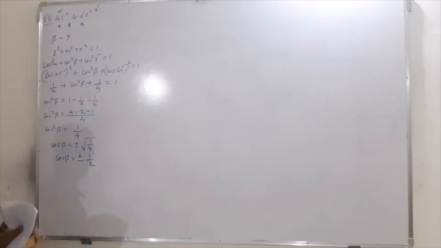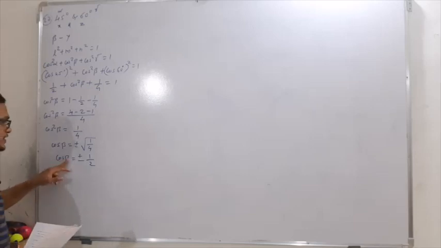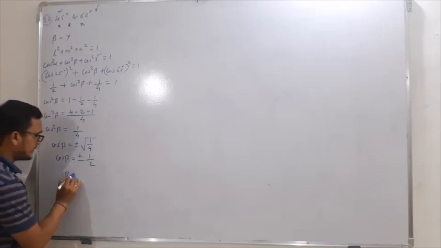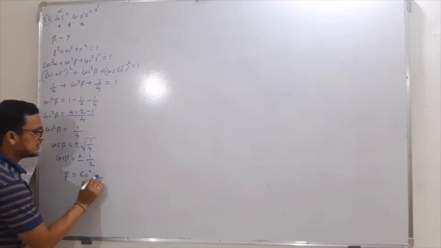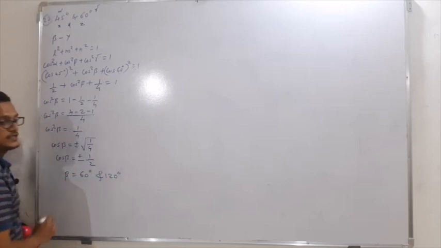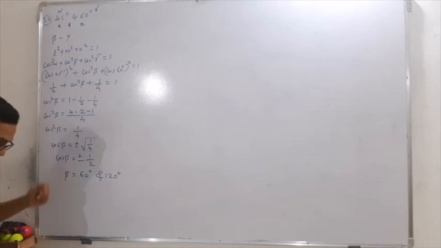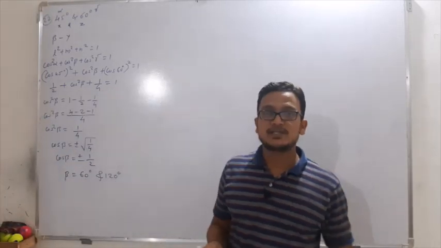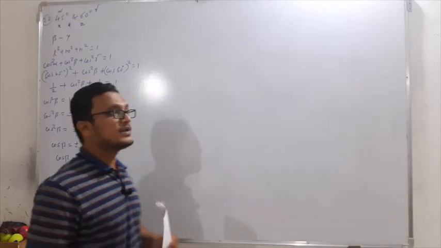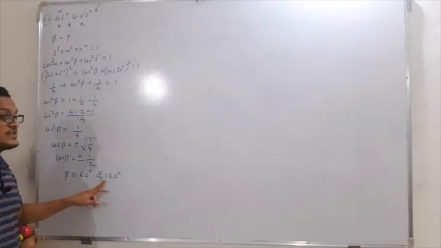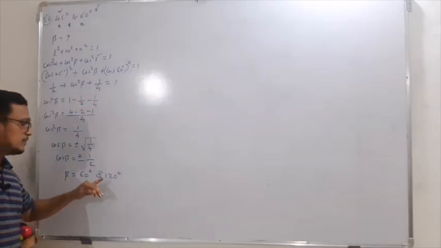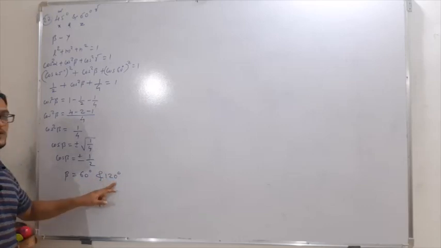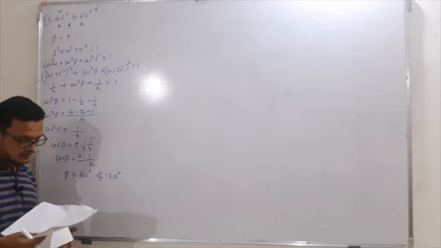Plus or minus 1 by 2 means cos is having plus 1 by 2 and minus 1 by 2, therefore beta is equals to 60 degree and 120 degree, because we know that cos 60 is 1 by 2, but we are having minus 1 by 2 also. When will it be minus 1 by 2? When it is 120 degree. You just make use of the allied angle property and calculate. So 60 and 120 degree is the answer.